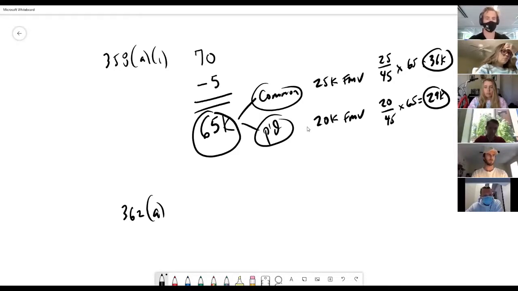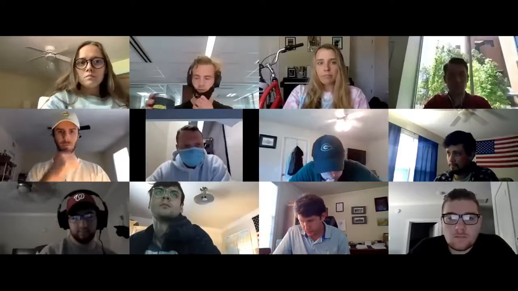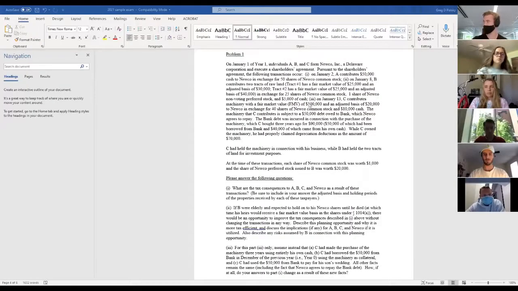Let me go back to the fact pattern. It would be tract 1, not the equipment. Tract 1 gets a basis of 30, and tract 2 gets a basis of 40. So that's the starting point.